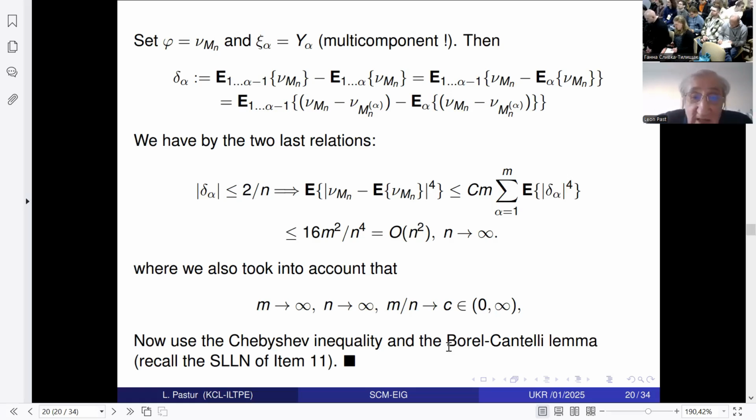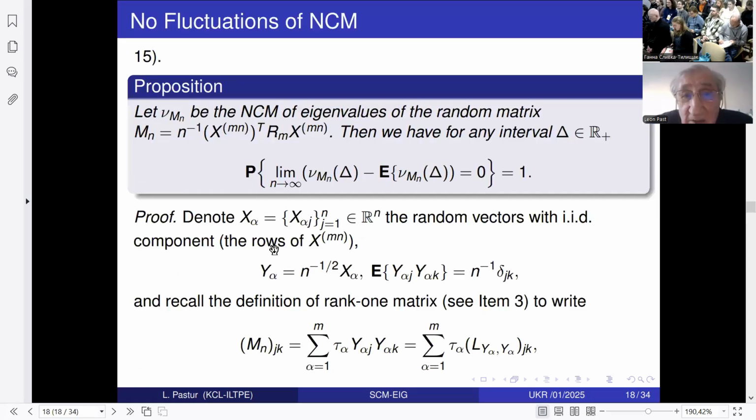We use the Borel-Cantelli lemma. I believe that it was explained last time. Then we get our proposition. I remind you, the proposition is that this quantity converges with probability 1 to 0. So the fluctuations vanish. This is the third assertion on the way to prove the theorem.